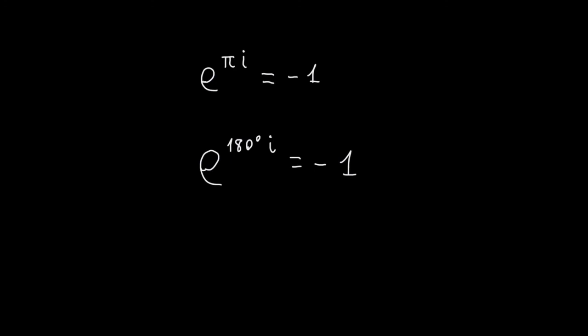As we can see, we cannot use radians and degrees interchangeably. So when we are using the calculator, we want to make sure we have the right settings and see that the default unit for angles is set to the one we want to use, because e to the pi i is not the same as e to the 180 times i, because pi is not equal to 180.